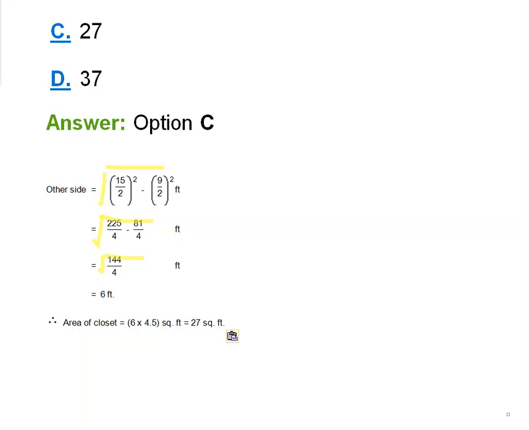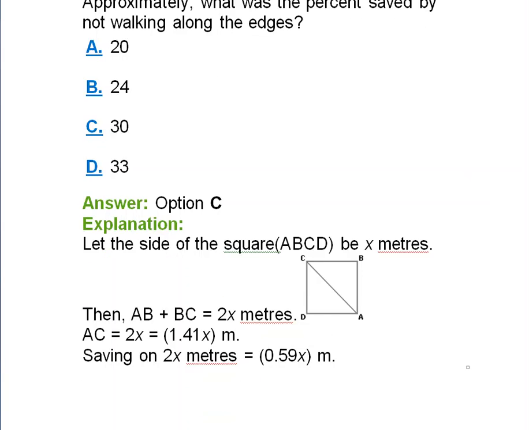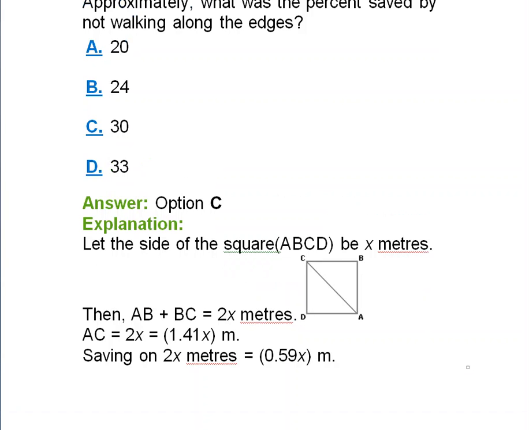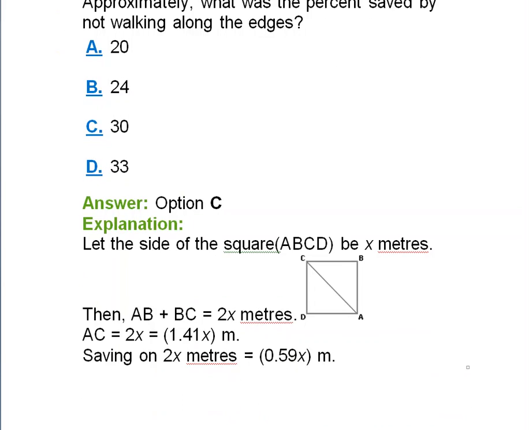So moving on, a man walked diagonally across a square lot. Approximately what was the percentage saved by not walking along the edges? So we'll just consider a square here. Let ABCD be the square, and the side of the square would be x meters. So AB plus BC would be 2x, and AC would be √2 x, which is equal to 1.41x meter.